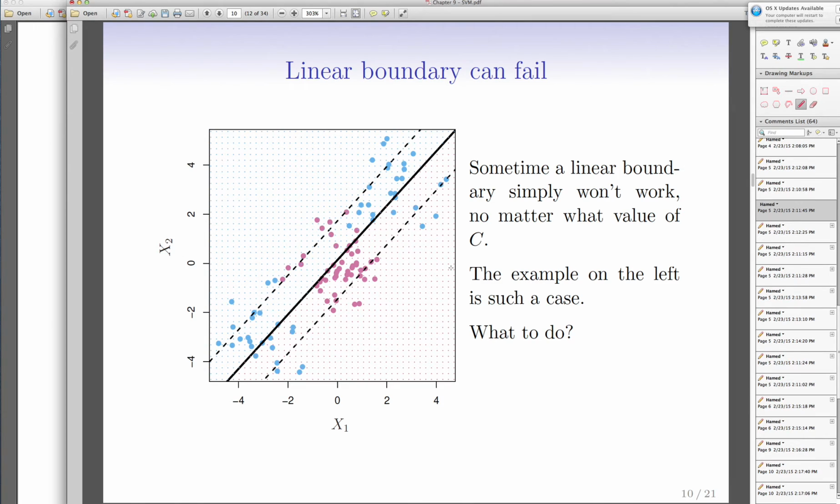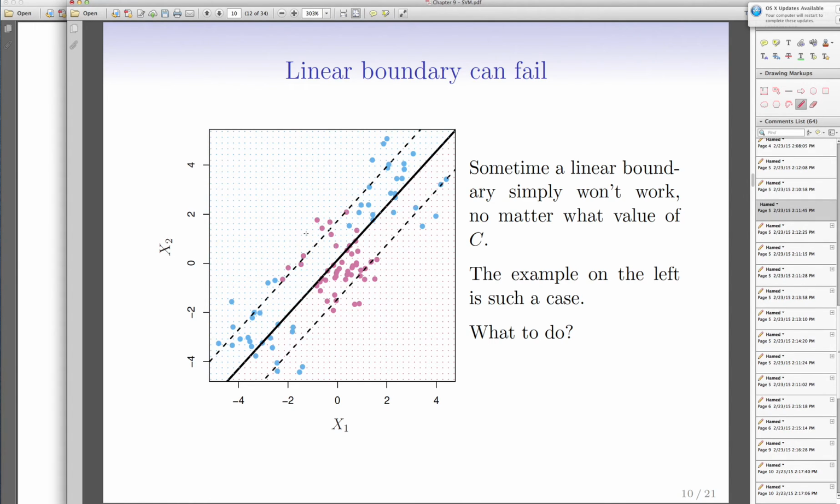Another question that has been asked a lot is, what if things are not linear at all? For example, let's say this is the hypothetical case. We have two classes. One class is this purple one, and one class is this blue one.